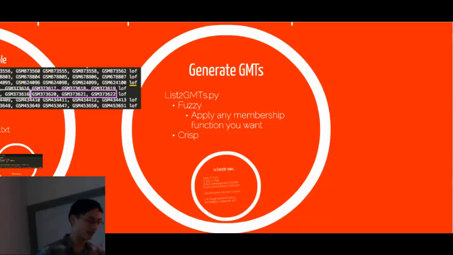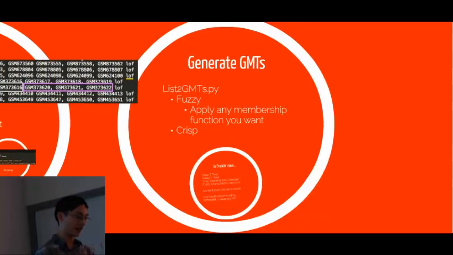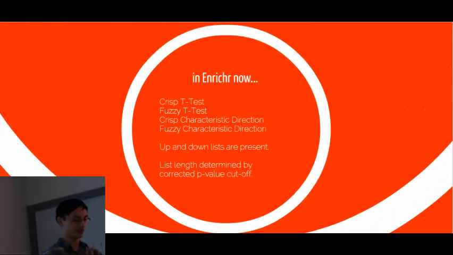To give people a summary of what's actually happening in Enrichr now, what's been submitted by both Axel and myself: we've got a crisp set, t-test. We've also got, I should say, fuzzy set for the t-test, and a crisp characteristic direction, fuzzy characteristic direction. Those are all actually in Enrichr. Both up and down lists are present as long as they had enough genes in them.